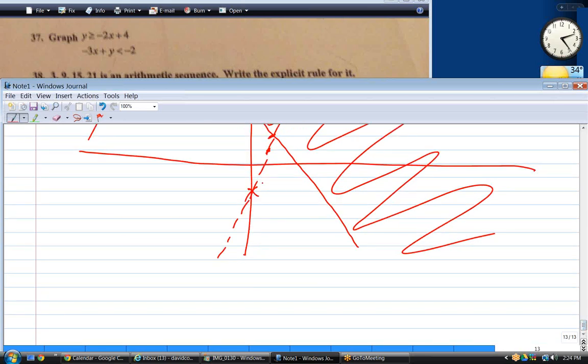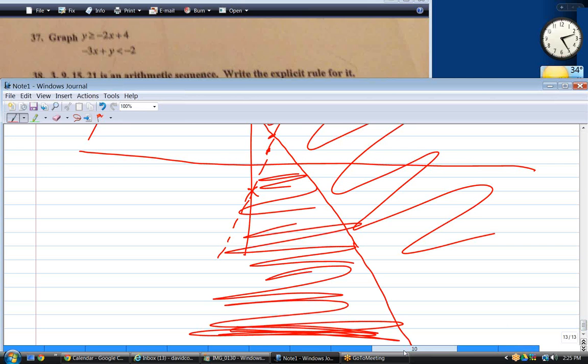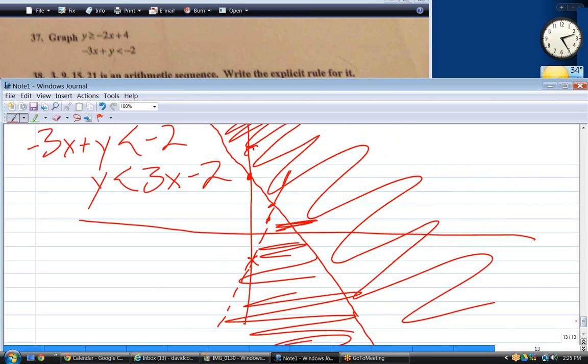So if I make this really big, now notice, below the dotted line, tell me if this area is below the dotted line or above the dotted line?